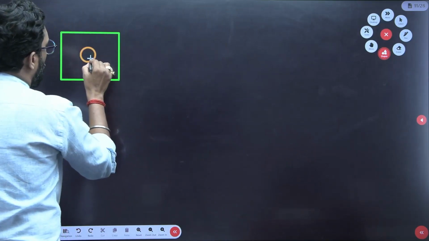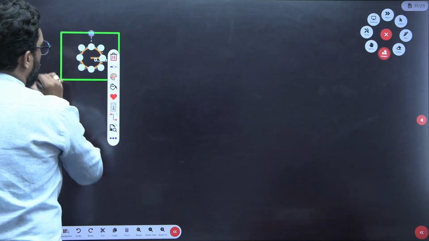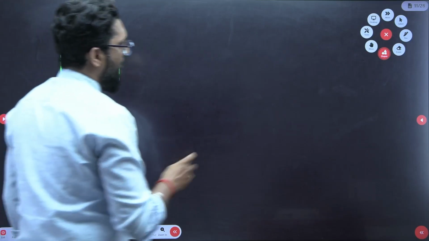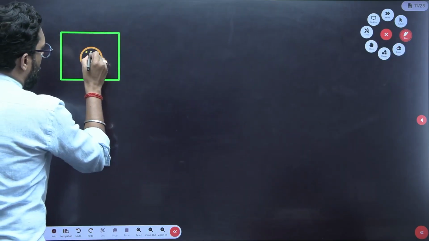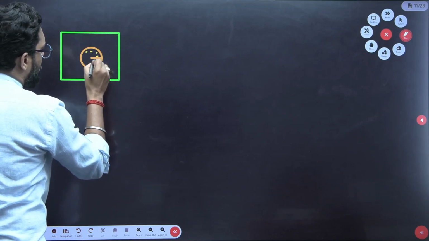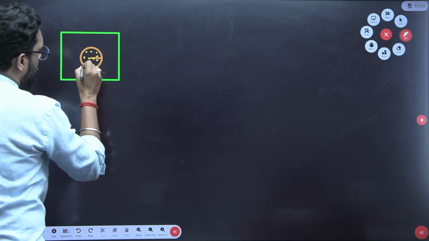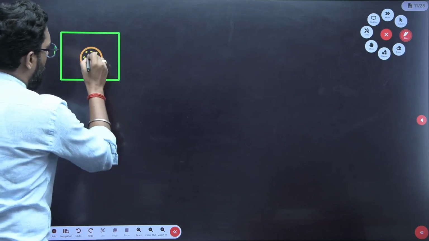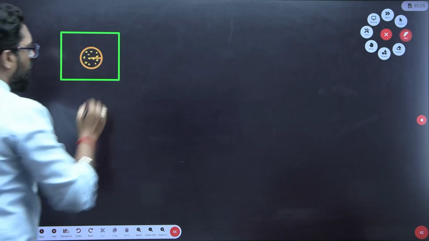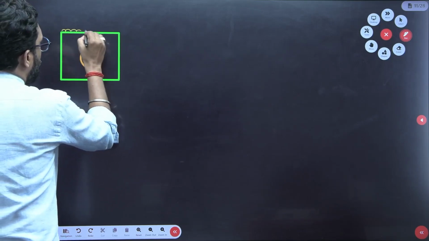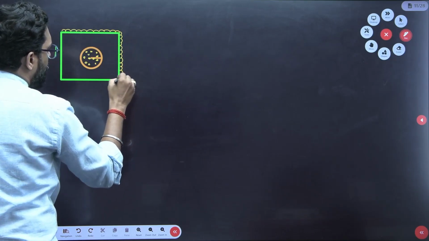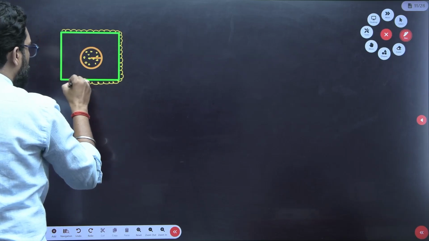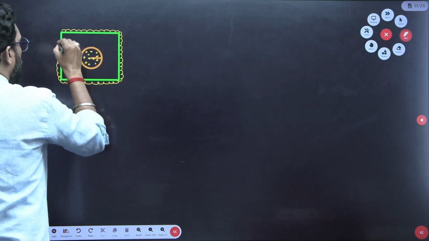Let's suppose this is your balloon. In this balloon there is a gas, and mind it, the gas is an ideal gas. This room is insulated, that means there is no chance of heat transfer.